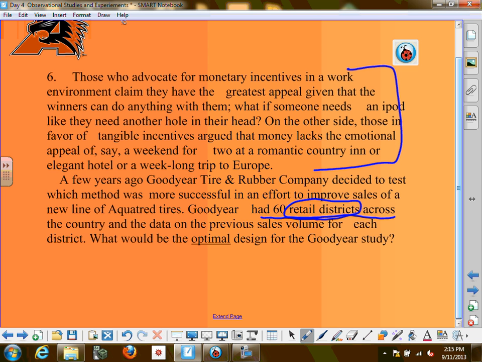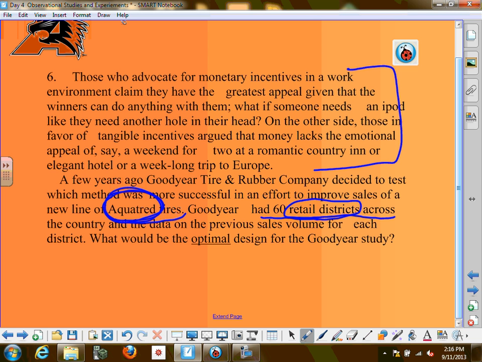California probably has several districts. Otherwise, they may be just by state. So Arizona would be a sales district, Louisiana would be a sales district, Washington State would be a sales district. So if I am measuring the success of Aqua Tread tires, I might need to consider what, as far as the districts go.